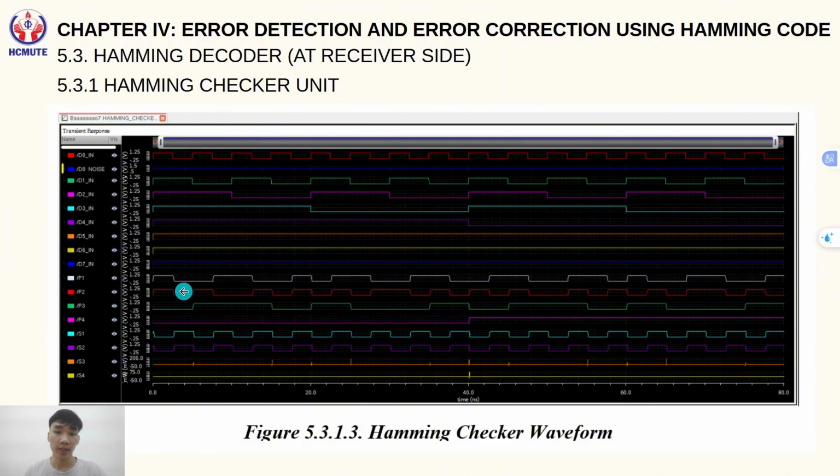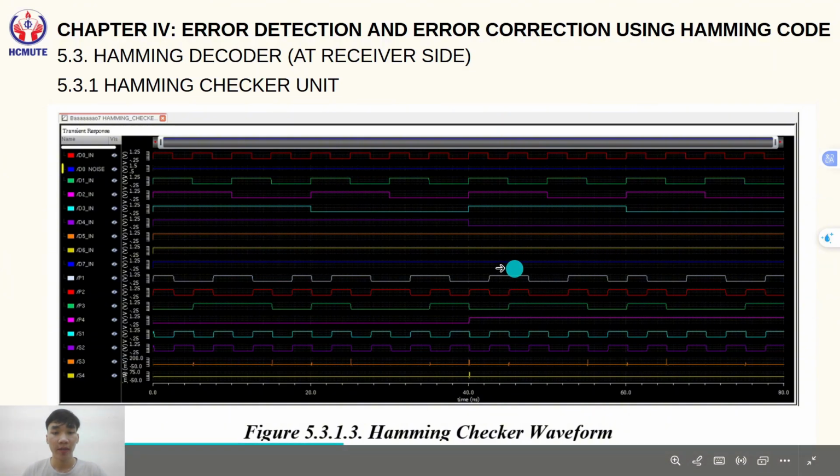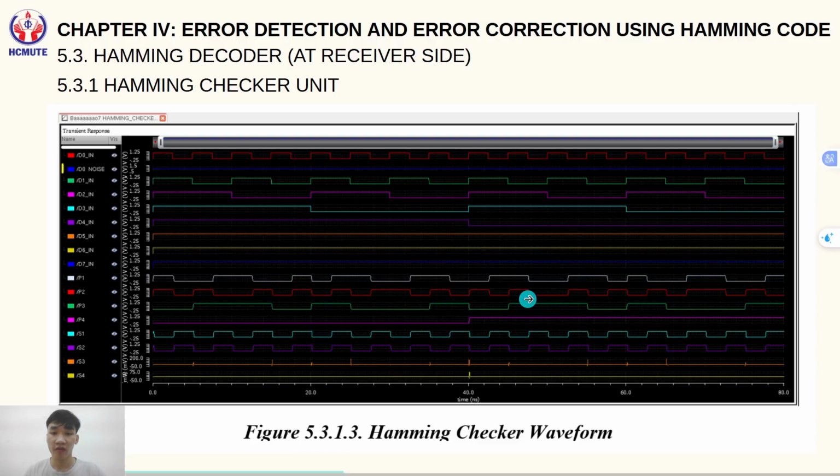So the syndrome is 0, 0, 1, 1, which means binary 3. This indicates that the error occurs at bit position 3, which corresponds to D0. The other time intervals behave similarly, confirming that the Hamming checker correctly identifies single bit errors.